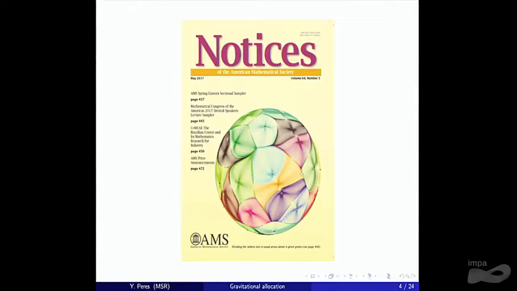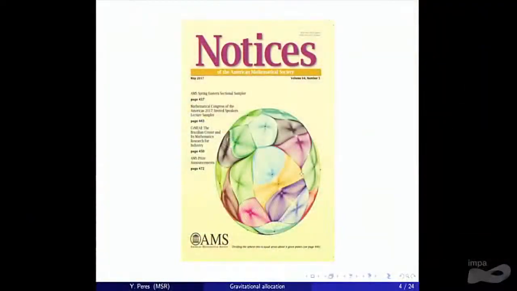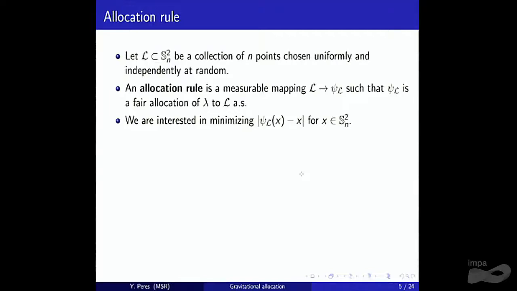And it has some history. The new work I'm describing is on this method for random points in 2 dimensions. But there's earlier work I'll come to which motivated this. Anyway, if you get the notices, you may have seen this picture. These are the domains in gravitational allocation, which I'll explain in a moment how it's obtained.